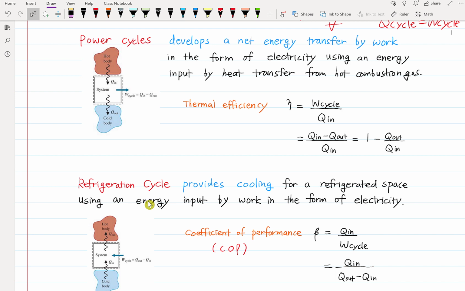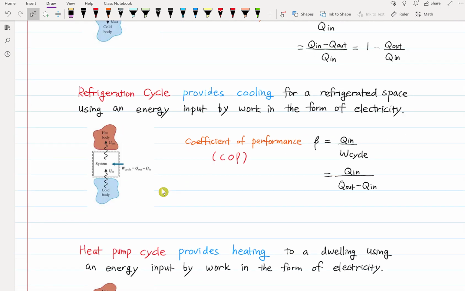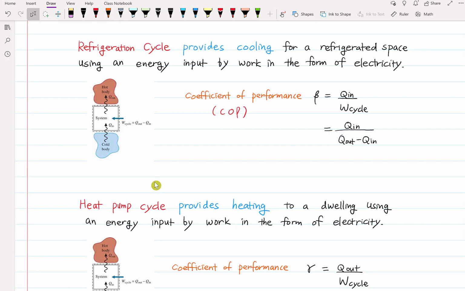And refrigeration cycles and heat pump cycles use work to transfer heat from a low temperature to a high temperature medium. They are essentially the same cycle, but they are used for different objectives. A refrigeration cycle is to provide cooling. A heat pump cycle is to provide heating.